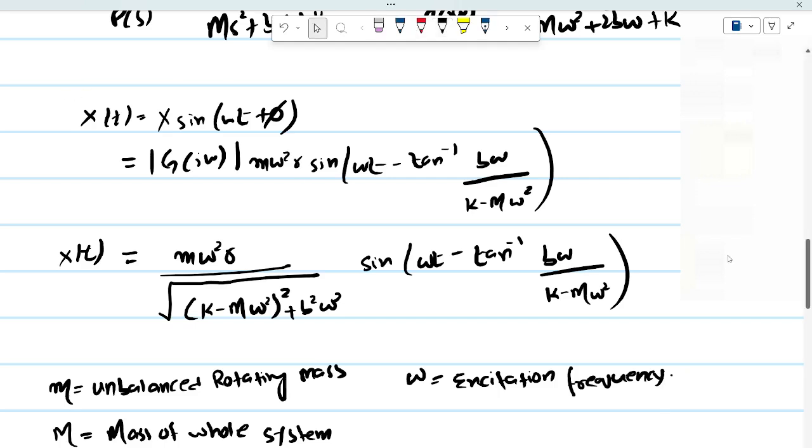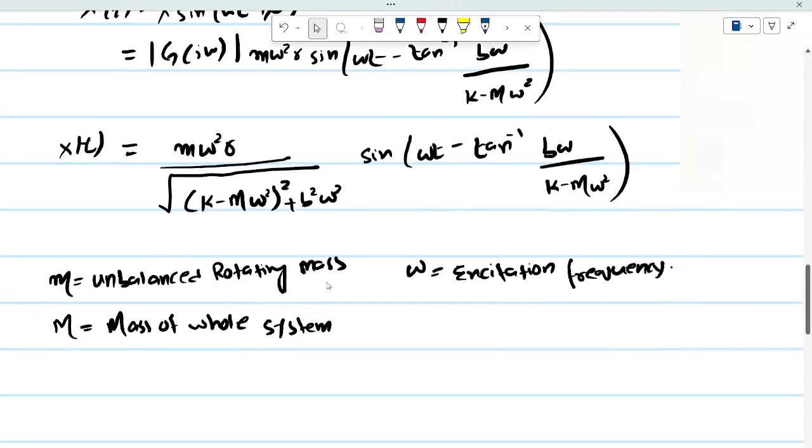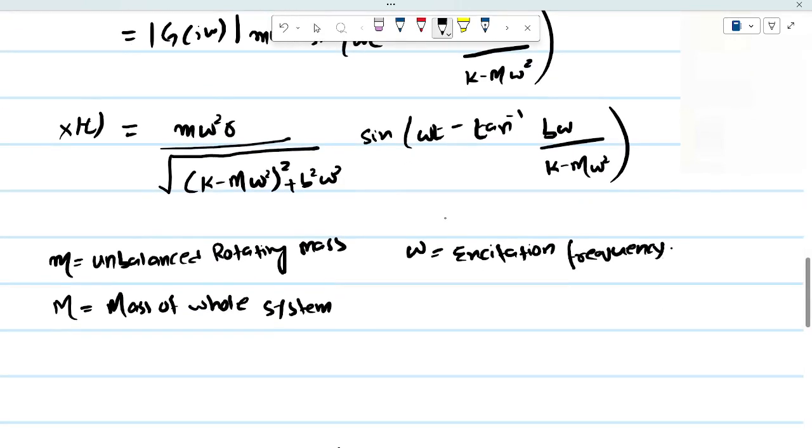You can further simplify, as we have done earlier, to remove these k and b and define the system in terms of ratios and dimensionless numbers.